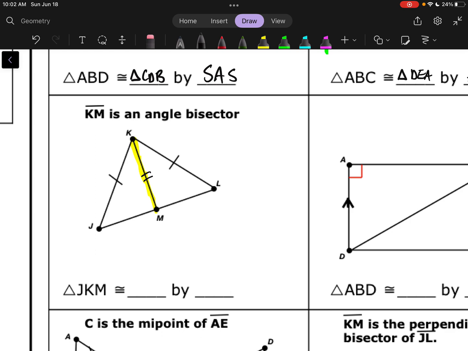Well, if KM is an angle bisector, that means that this big angle up top is getting split in half. So that's going to give us our third congruent thing, right? That's what an angle bisector does. It splits things in half. So that's going to give me side, angle, side. So triangle JKM congruent to triangle LKM by side, angle, side.